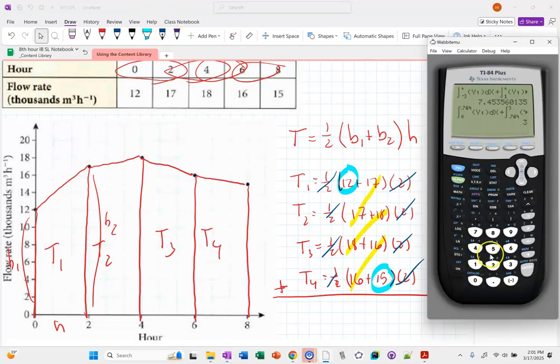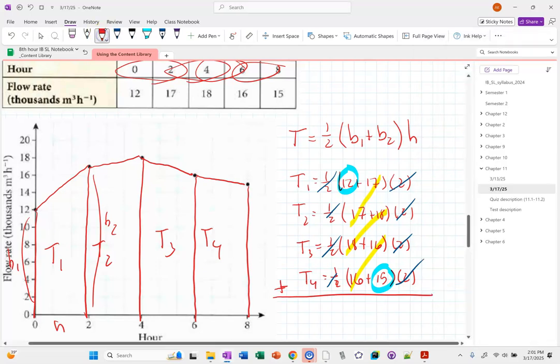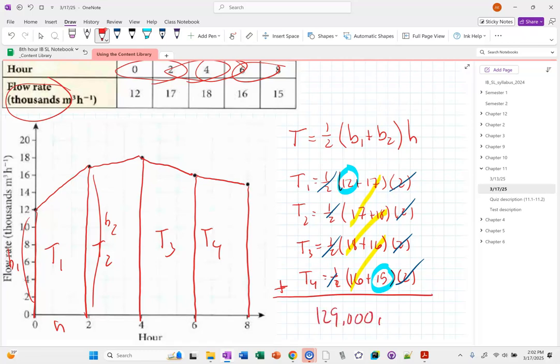So to type this into my calculator, do 12 plus 2 times 17 plus 2 times 18 plus 2 times 16 plus 15. And 129 is my answer. Because this was in thousands, I'll say it's 129,000 meters cubed.